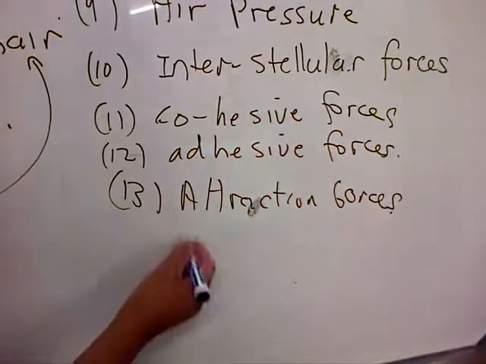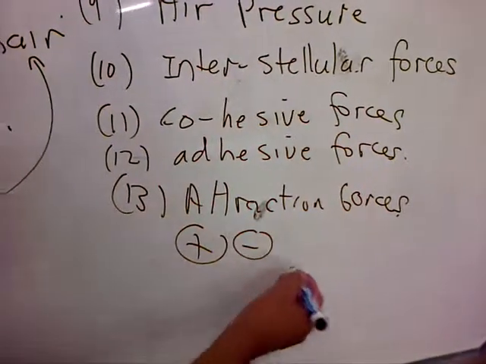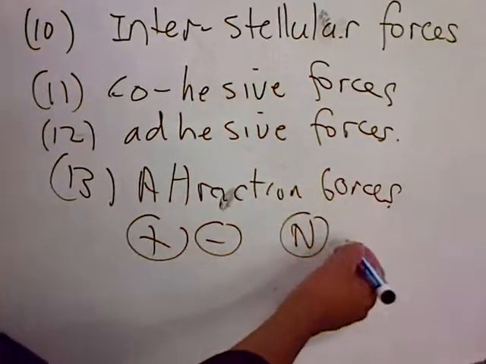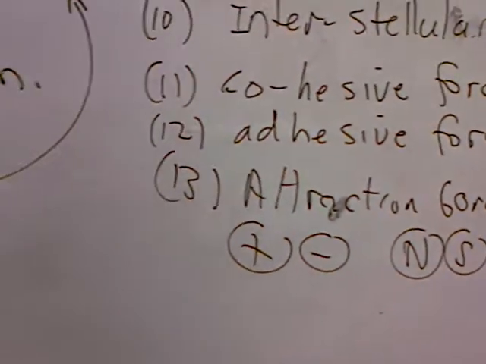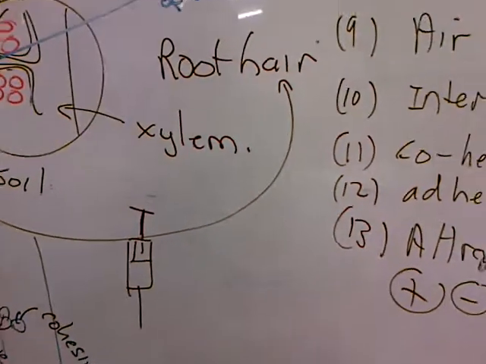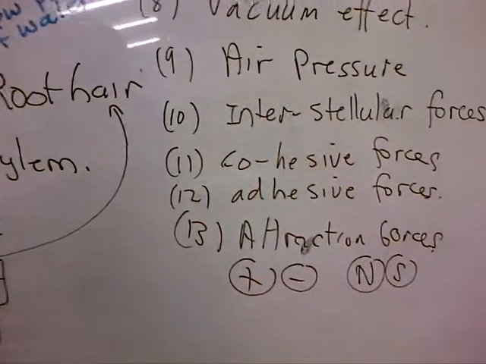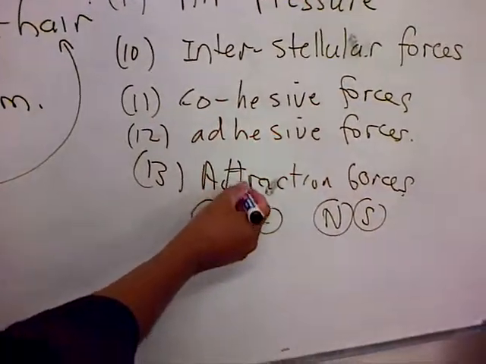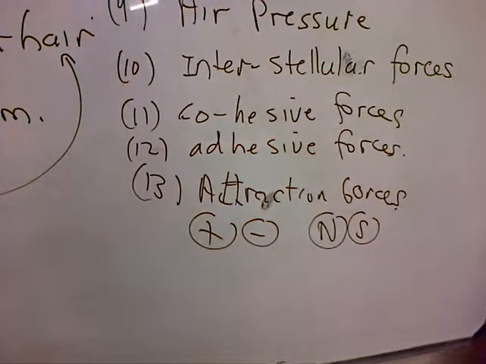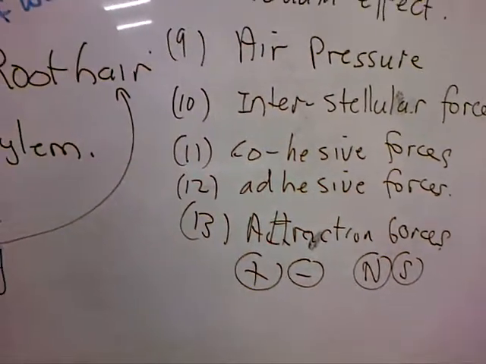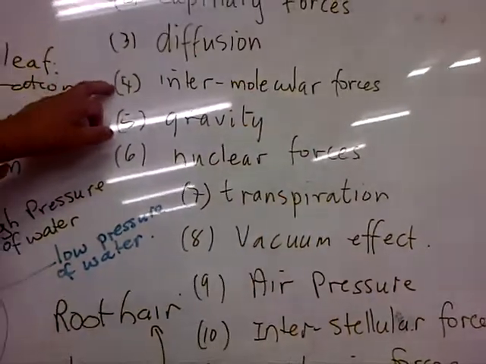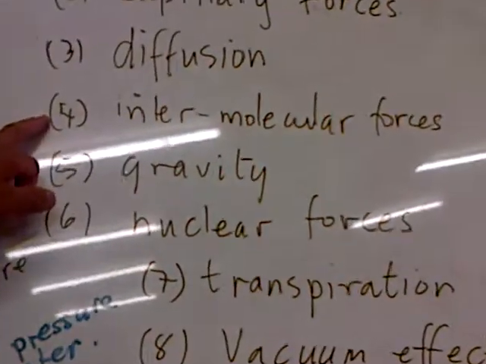Attraction forces. Between plus and minus, they attract each other. Between the North Pole and the South Pole in magnetism. Also opposite forces that allow this thing to happen. Attraction forces, so that molecules can connect and atoms can connect. So they're intermolecular forces. And intermolecular forces are forces between molecules.